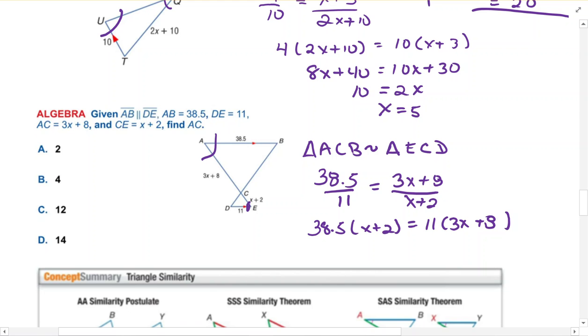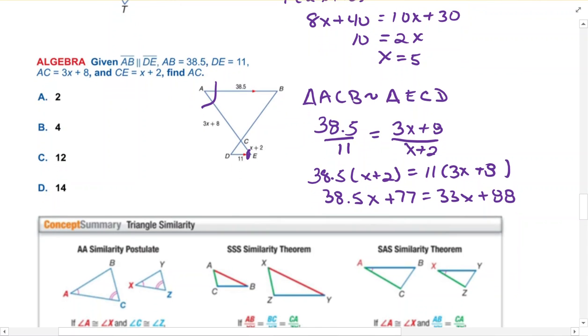which gives us 38.5x plus 77 equals 33x plus 88, which will give us 5.5x equals 11.